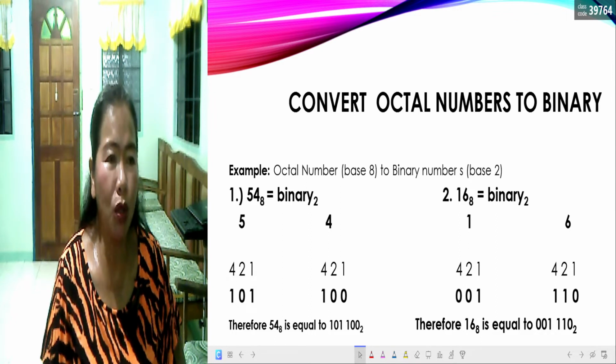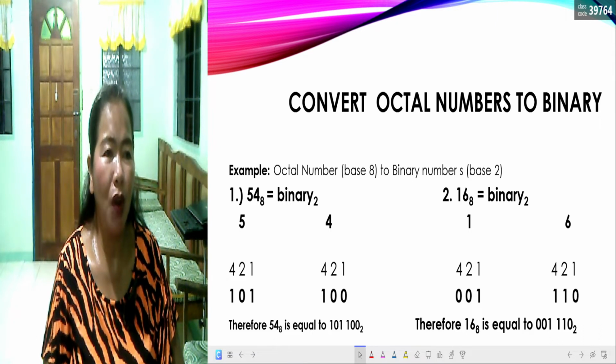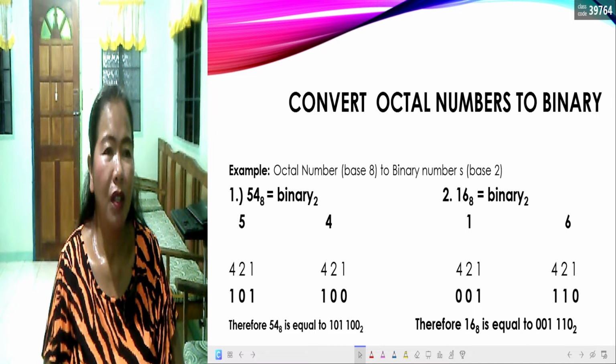So 1, 2, 4, if all 3 digits are 1 and you add 4, 2, and 1, that is already 7. So there is no greater value than 7.